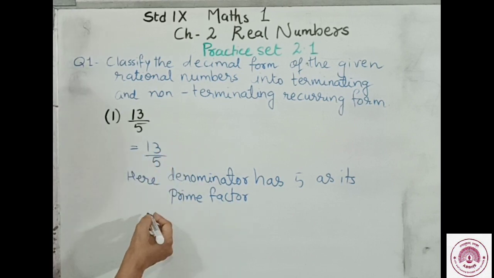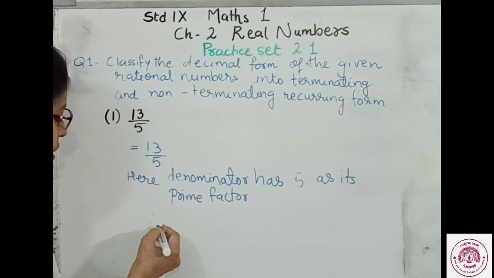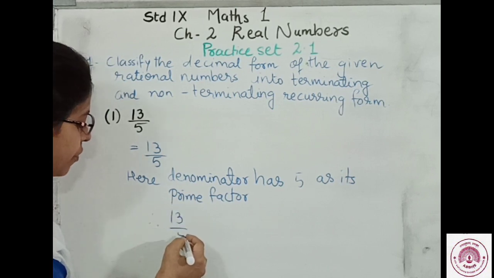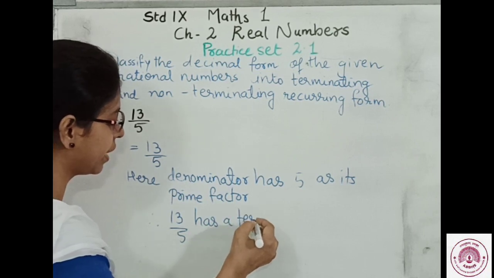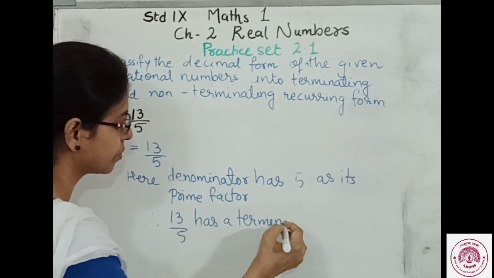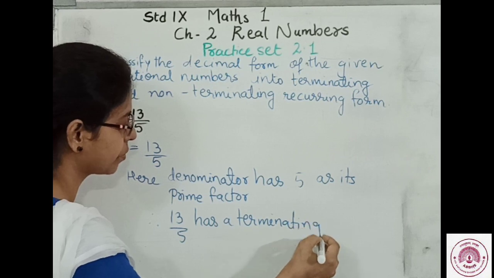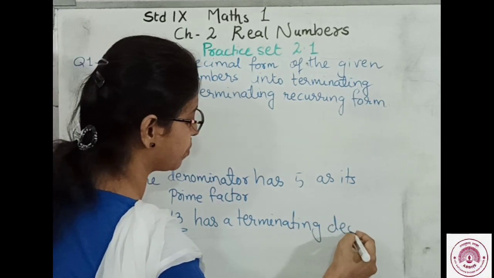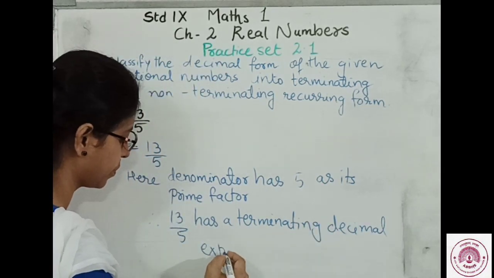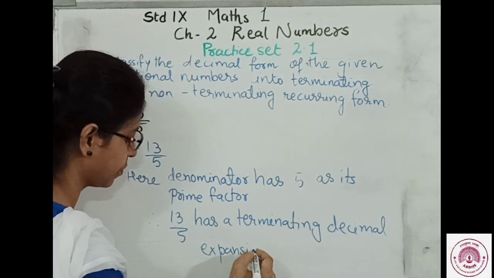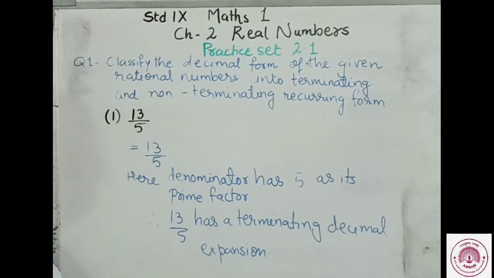Therefore, we can say 13 upon 5 has a terminating decimal expansion.